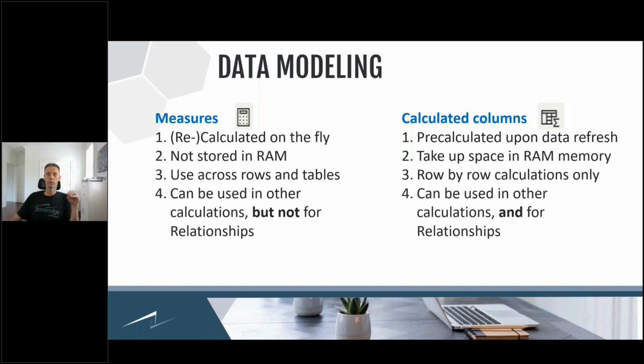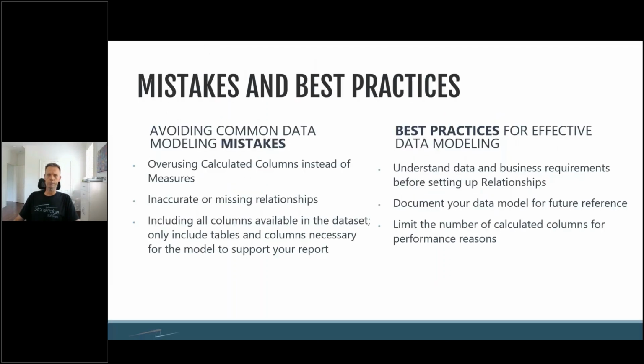So all of that so far points towards measures, right? This last one is one where you need to consider calculated columns, is when you want to use a calculated column in a relationship. When you concatenate, for instance, text columns, and you want to do a lookup based on the concatenated column, you'll have to set that up as a calculated column versus a measure, because you cannot do that with a measure.